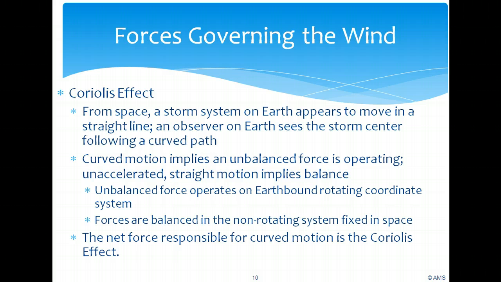Coriolis force only acts on air when it has been sent into motion by the pressure gradient force. And most importantly, we should appreciate that the Coriolis force only influences the wind direction and never the wind speed.